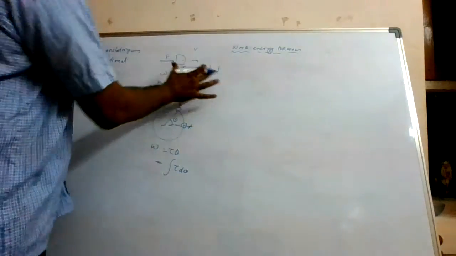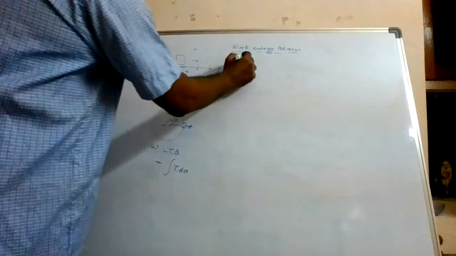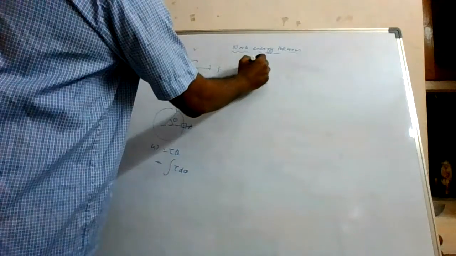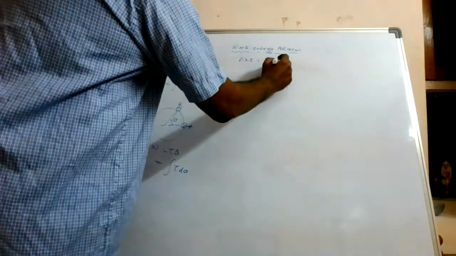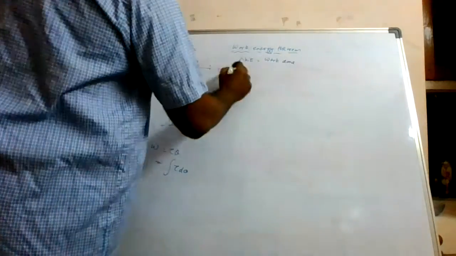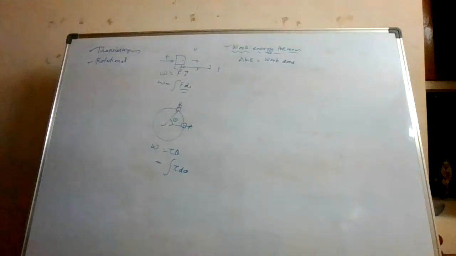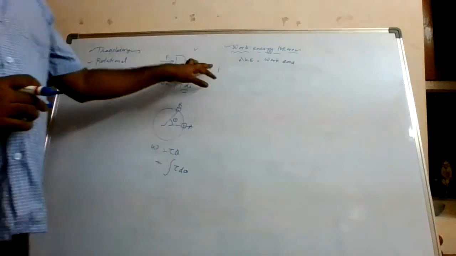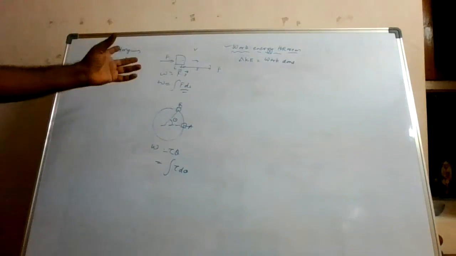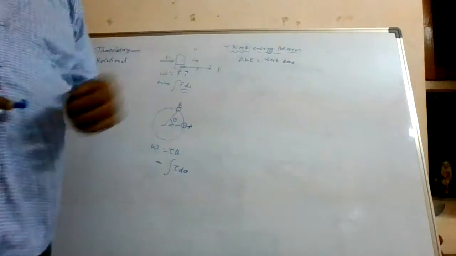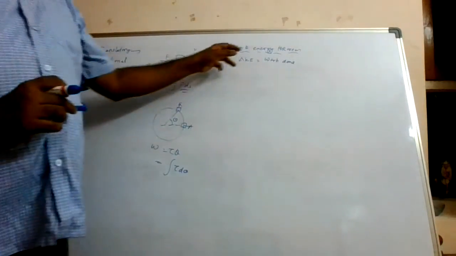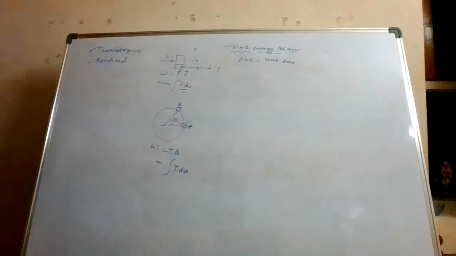If you take the difference of kinetic energy, that is equal to the work done. Who is saying this? Work energy theorem is saying this. Take the initial and final positions, take the difference in kinetic energy, that is equal to the work done. This is what we have learned in work energy theorem in translatory motion.